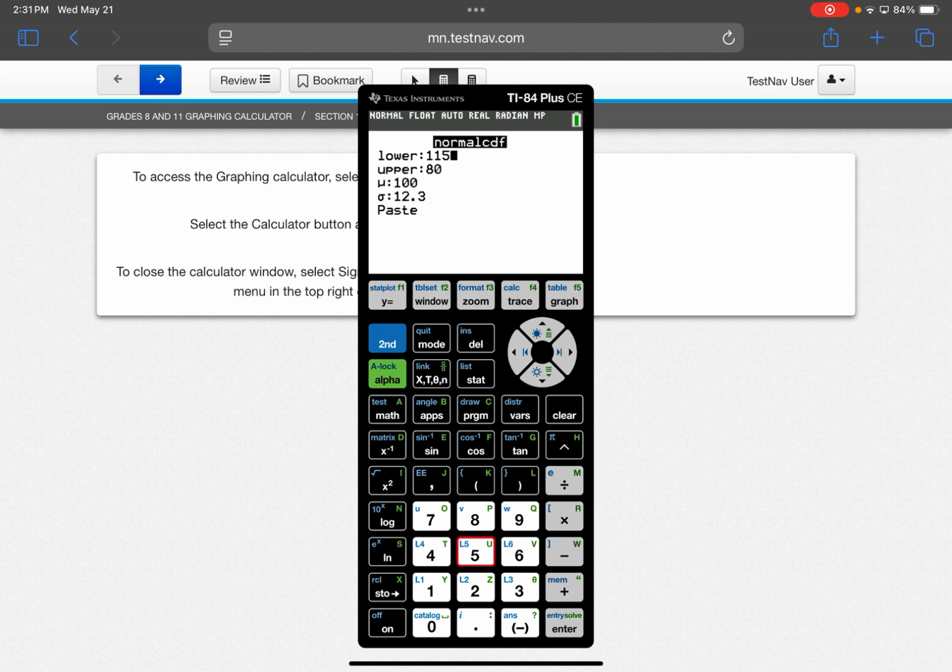If I go over, I would do at least 5 standard deviations. So our standard deviation is 12.3. So multiply that by 5. You're roughly looking at least 60 above. If you stay too close, like you only go 3 or 4, remember we showed you in the empirical rule, there's still some statistical stuff happening in the tails.